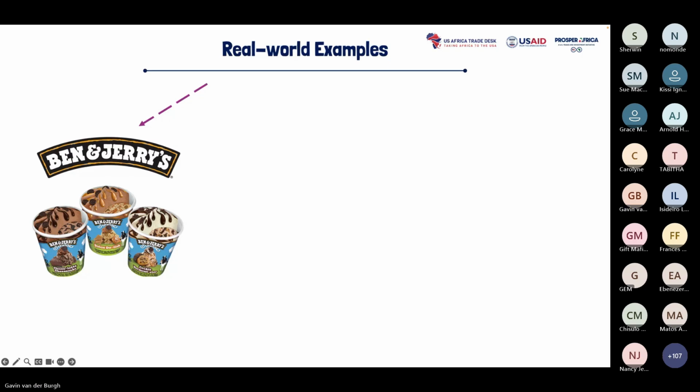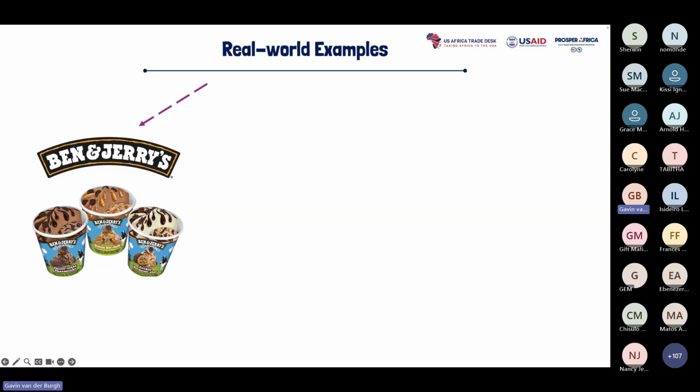So they integrate messages of equality, environmental sustainability, social standards, etc. For example, they've released a flavor called Justice Remixed, and that's a blend of chocolate and caramel, etc., in an ice cream.